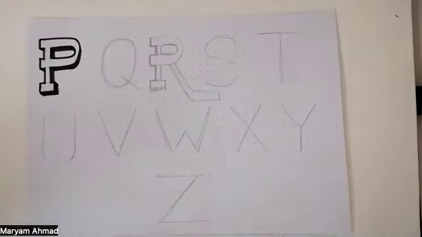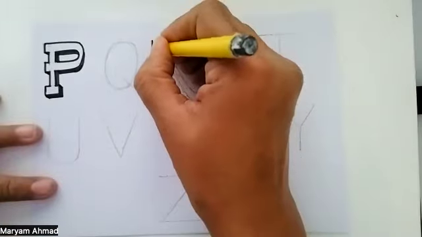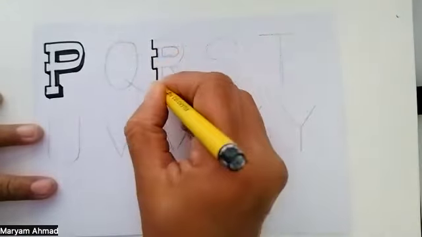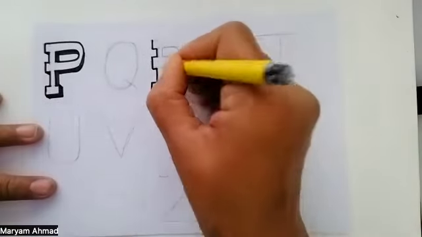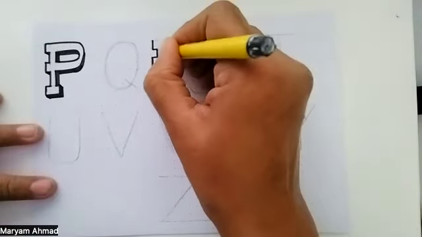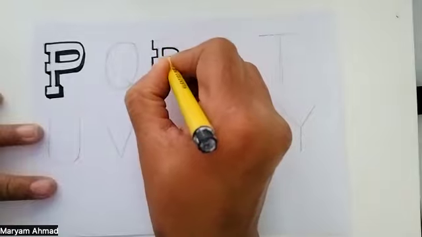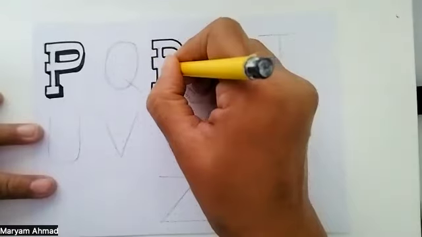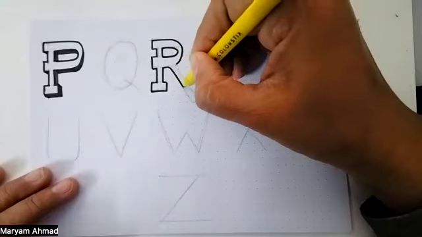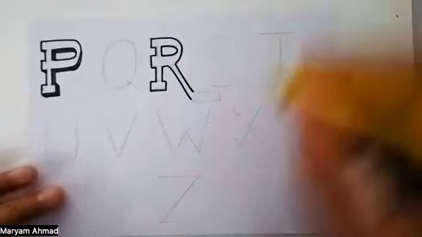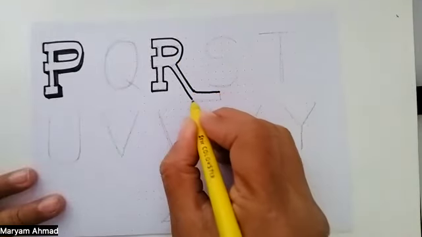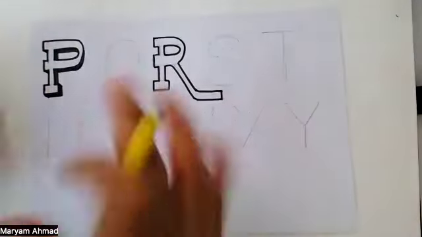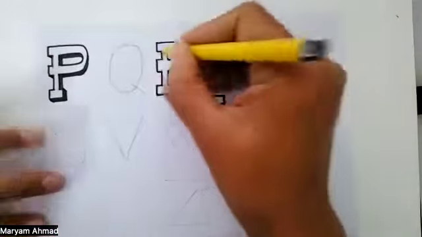So we've got this. We will make the outline first. Okay, so we've got this now. Just think in your mind, similar shadow.